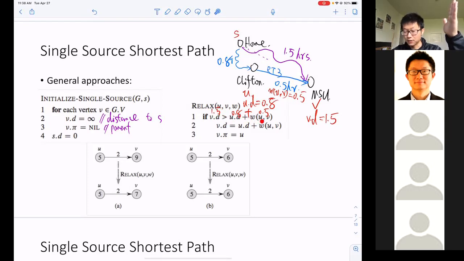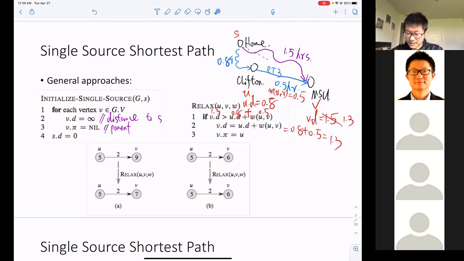If v dot d is larger than u dot d plus wv, we set v dot d as 0.8 plus 0.5, which is 1.3. So we reduce the value to 1.3. We've found a better route, which is to make a detour at Clifton, because the total travel time is 1.3 hours, which is less than 1.5.